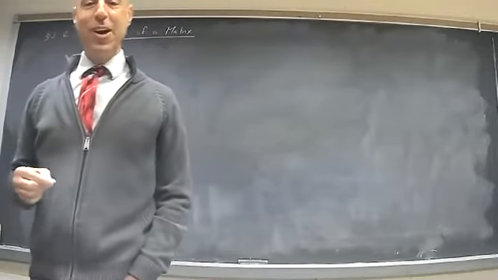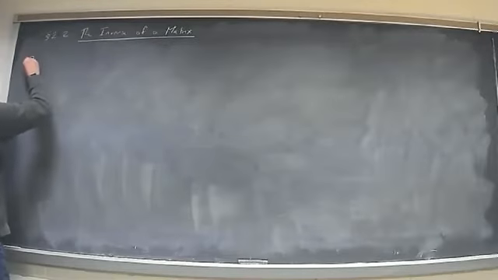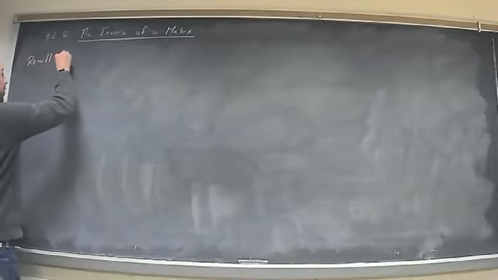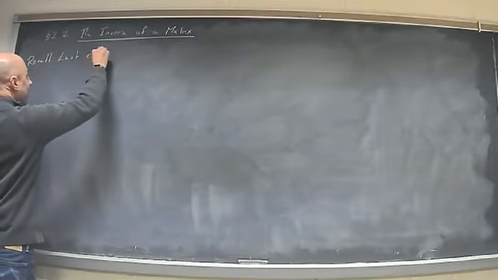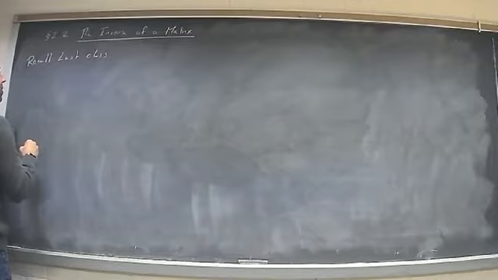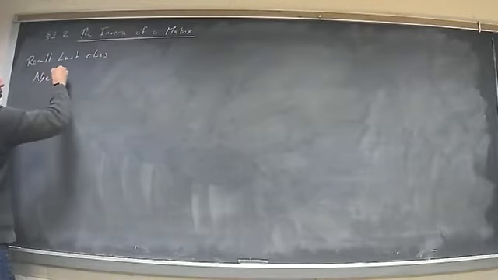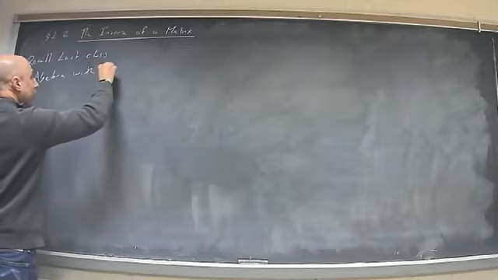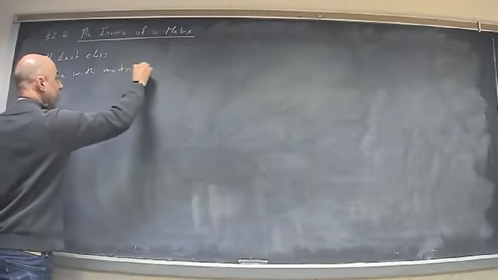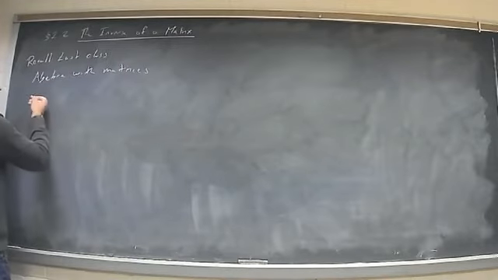So remember what we were talking about last class? We talked about the algebra of matrices. We saw that we could take a matrix and take a scalar multiple of the matrix.